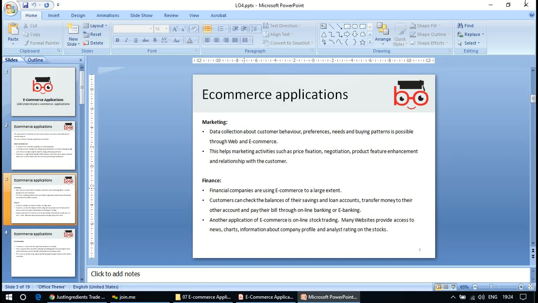Financial companies are using e-commerce to a large extent. Customers can check the balances of their savings and loan accounts, transfer money, and so on. For example, if you created an application and you are a finance company giving loans to people, it's not only the bank that gives loans, but you can become a financial company and sell it online, and it would become an e-com application.